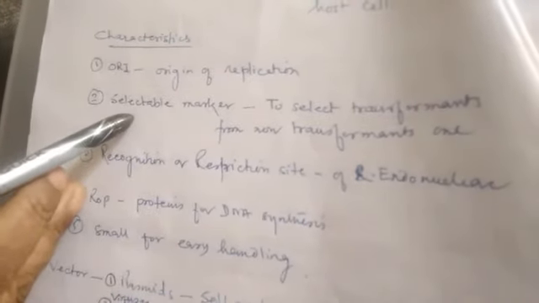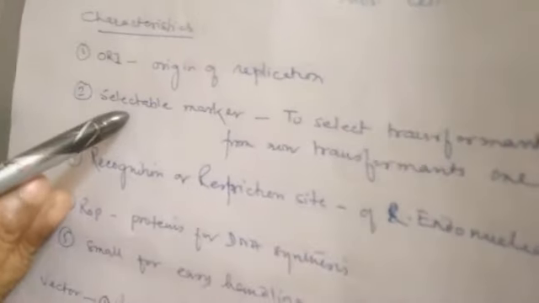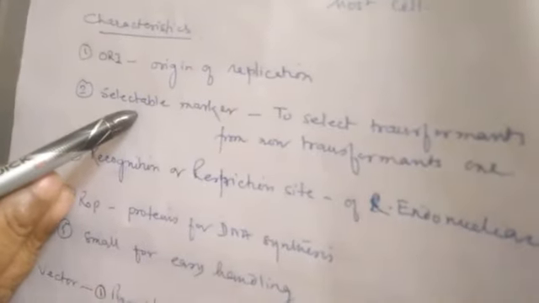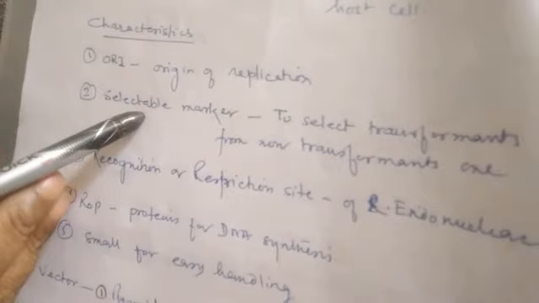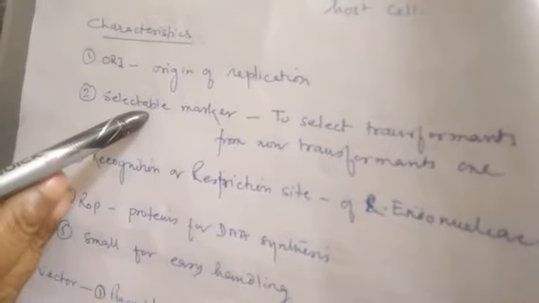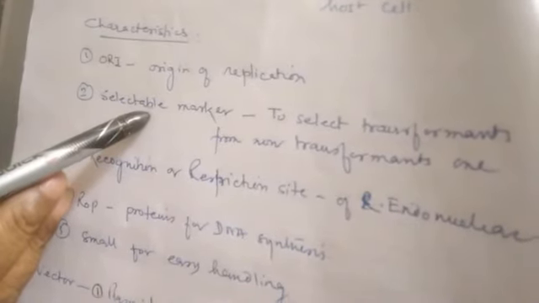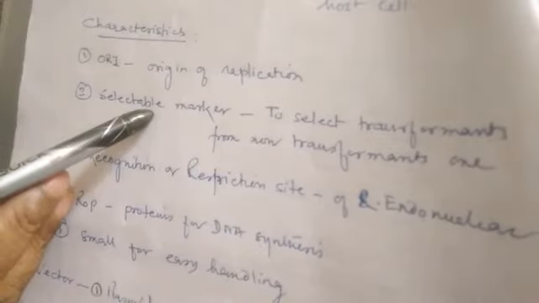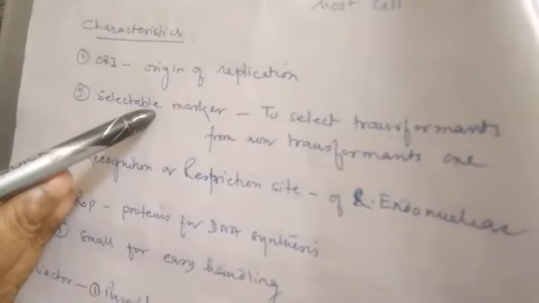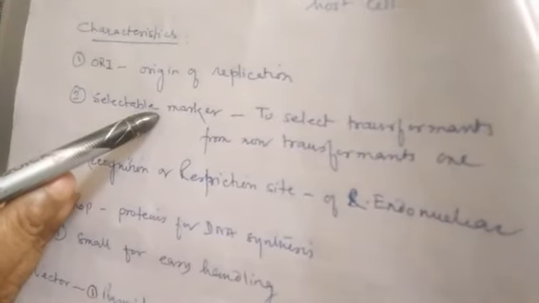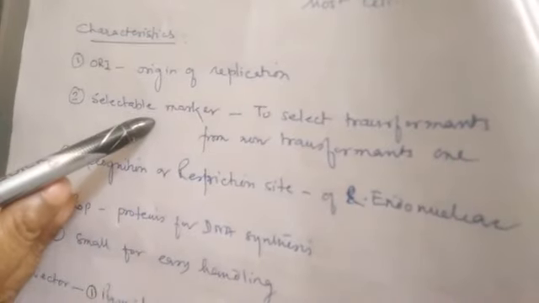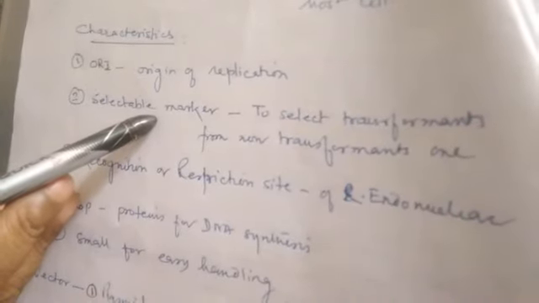Next, it should have a selectable marker. Now what is meant by selectable marker? Now we are inserting our desired DNA into a bacteria or a particular cell. But will we be able to realize whether this desired DNA has been inserted into the cell?